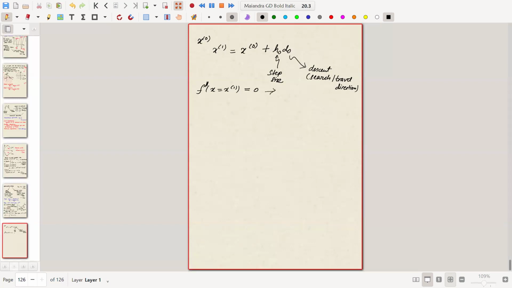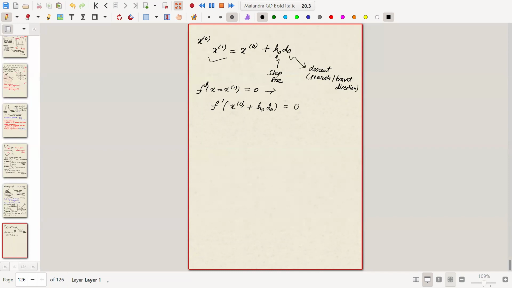What does it mean? F prime at x equals x1 equals 0. What is x1? I have already written it here. Can you put it here? F prime of x naught plus h naught d naught equals 0. Now we are stuck. Now how to move after this? Ideas.